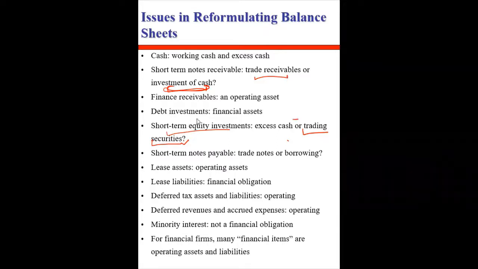But if it is for the purpose of trading, we need to look at what the purpose of using their cash is. But if they do it for their subsidiary or enabling the operation of their subsidiary, we consider it as an operating asset. And next is short-term notes payable.